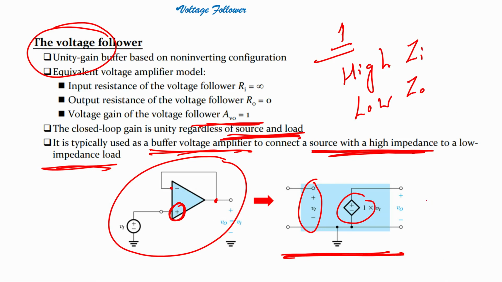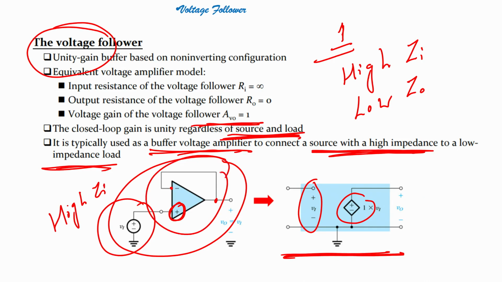That means that it can be connected to a source, suppose the source is this one, which has extremely high impedance. Then we can connect the unity gain amplifier, and the load will have extremely low impedance, okay, low impedance load. Then we can connect the unity gain amplifier.